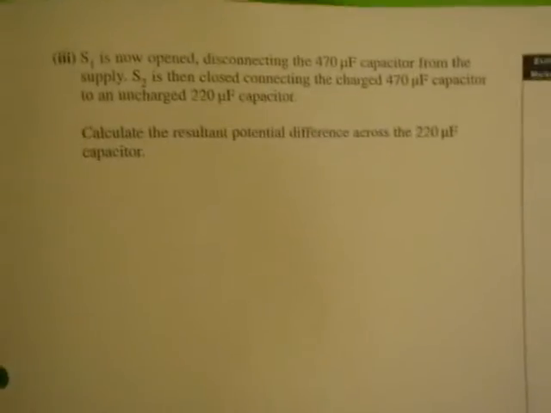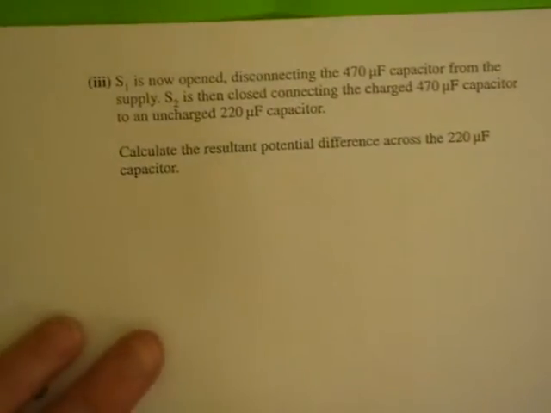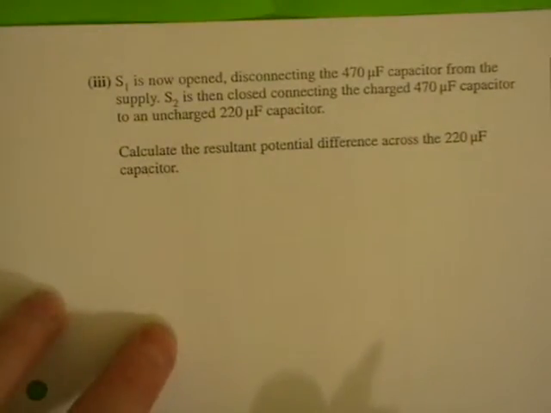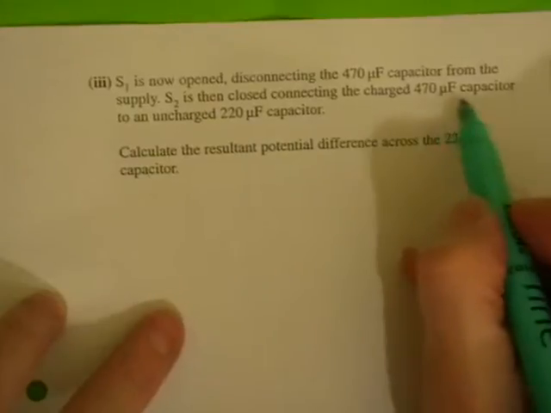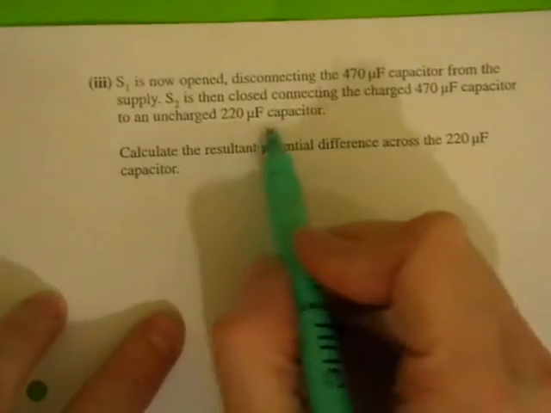Third page. S1 is now opened, disconnecting the 470 microfarad capacitor from the supply. S2 is then closed, connecting the charged 470 microfarad capacitor to a non-charged 220.